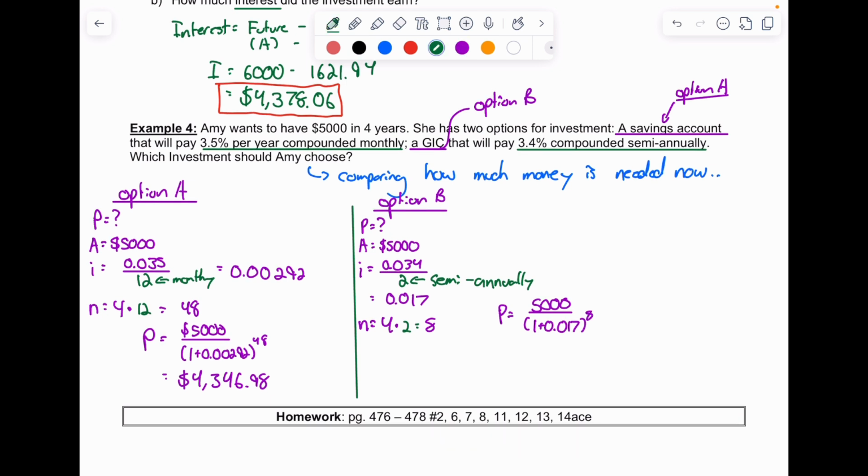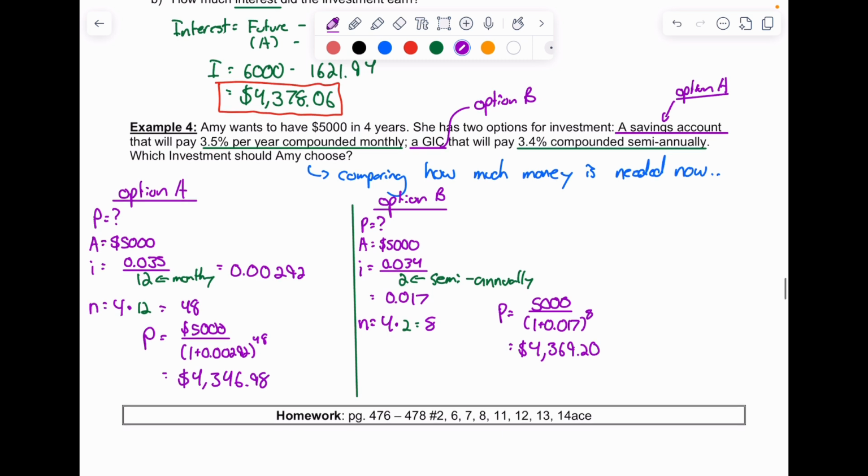Okay, let's see what we get. So 1.017 to the power of 8, 5,000, divide that by the answer. We would need $4,369.20.